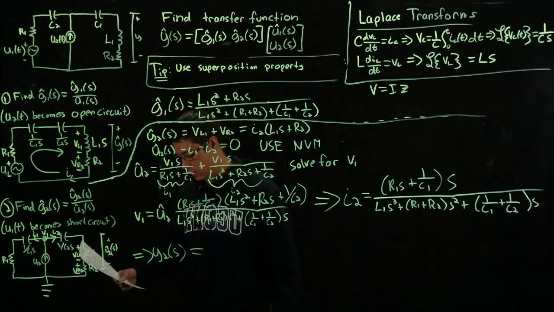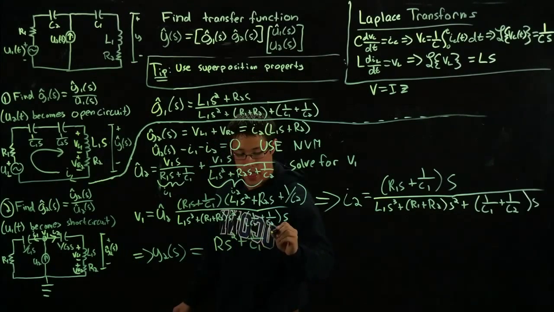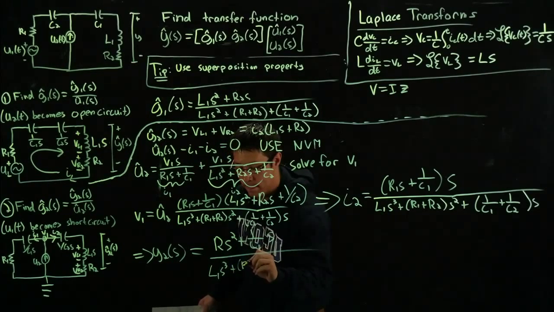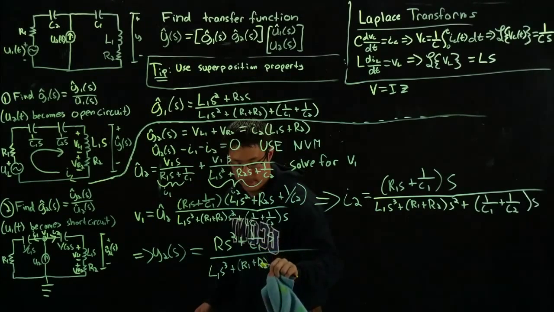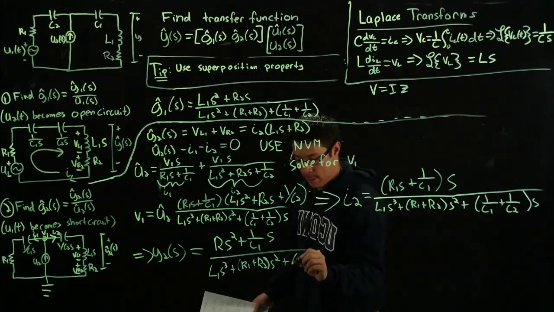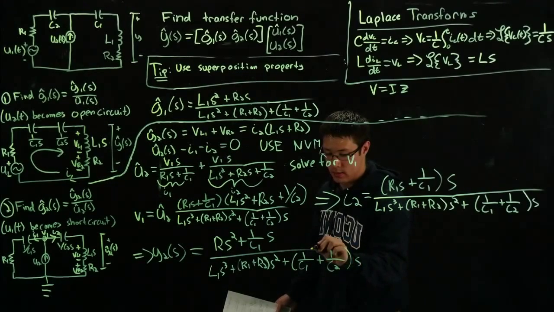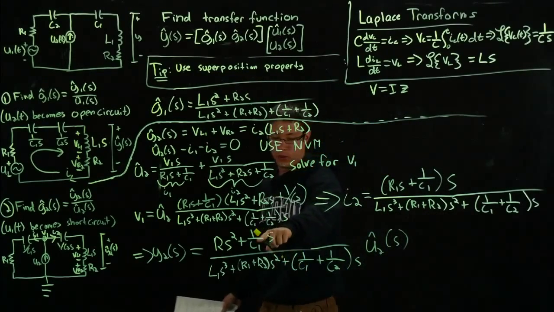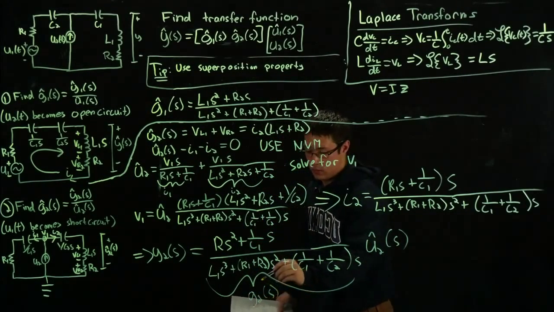This ends up being equal to R1 S squared plus 1 over C1 S over L1 S cubed plus R1 plus R2 S squared plus 1 over C1 plus 1 over C2 S times U2 hat of S, which, by the way, this is G2 of S.